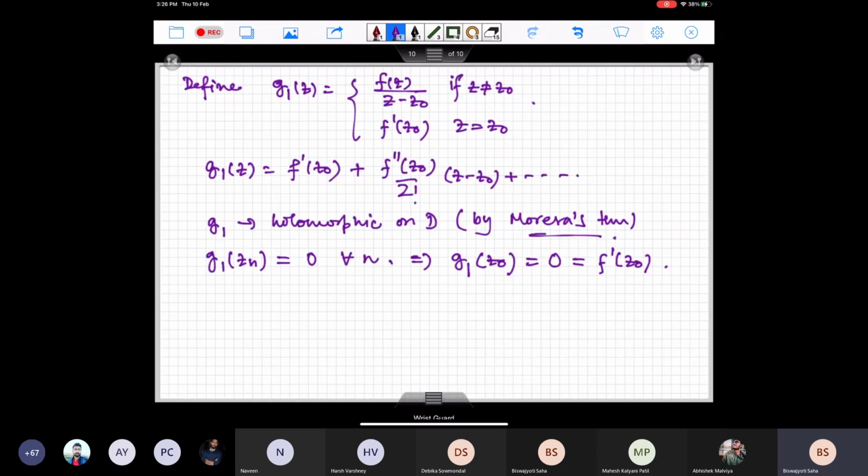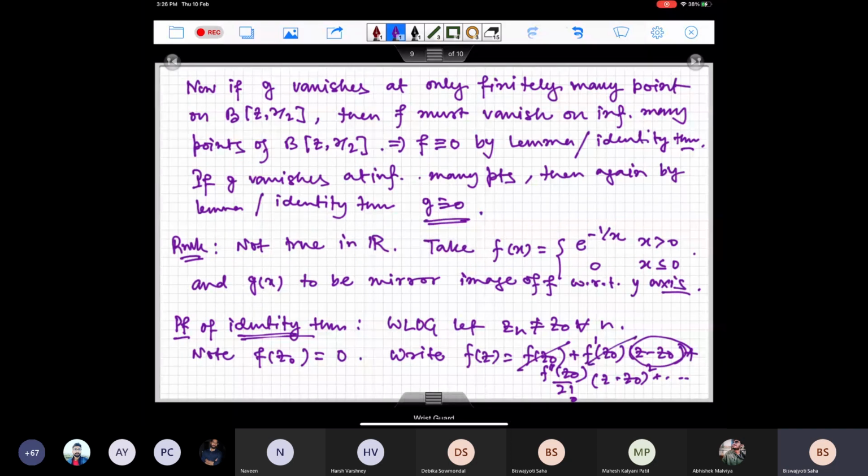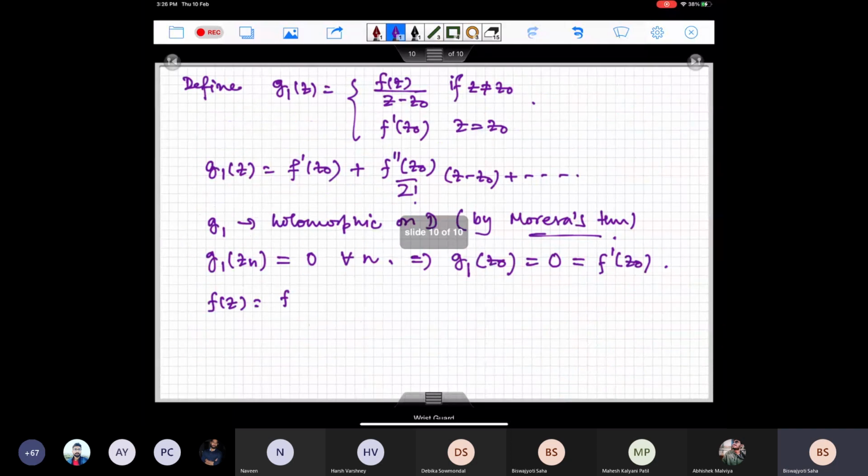So therefore, what is my power series now coming out to be? f of z is equal to, here you see this term is also gone. So my power series is coming out to be f double prime at z naught divided by 2 factorial into z minus z naught squared plus so on and so forth.